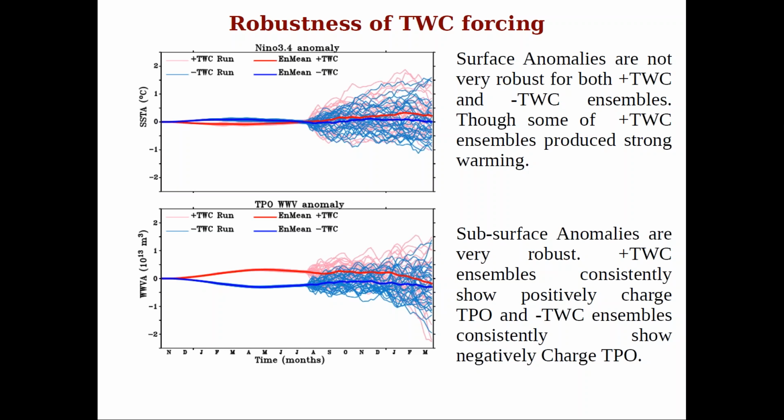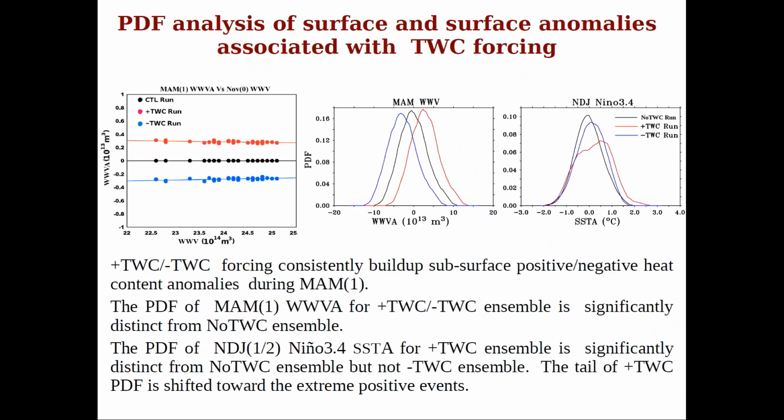The blue one is almost symmetrically spread over its mean, whereas the red one shows some extreme events. So the plus TWC run is more effective at generating El Nino, but the minus TWC run is not that effective at generating a La Nina.